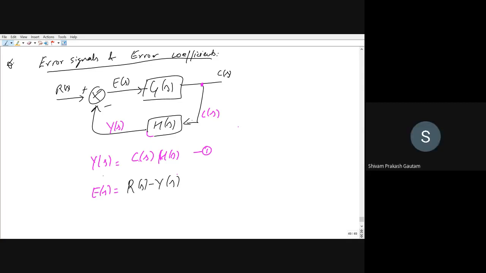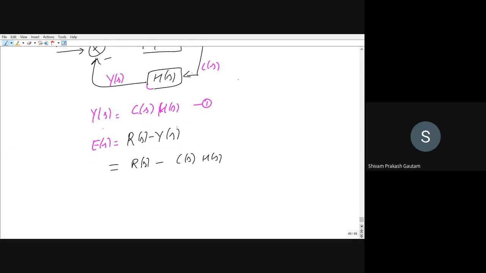Now substitute the value of y of s here. Take R of s common. So this will be equal to R of s multiplied by 1 minus C of s upon R of s multiplied by H of s.